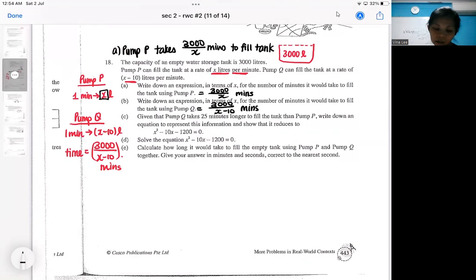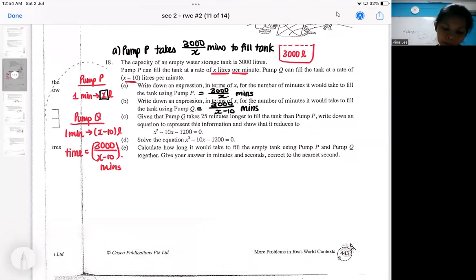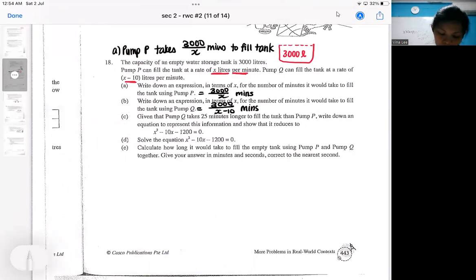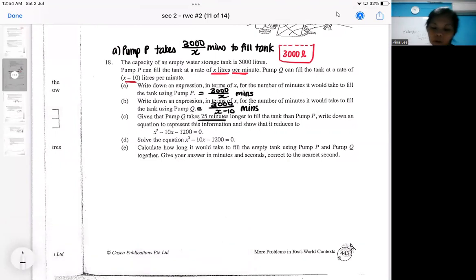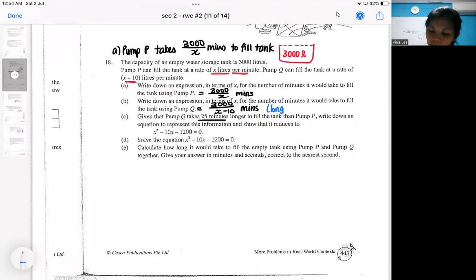After this, let's go on to the proving part. Make sure you have these two parts first and make use of the 25 minutes. How do I make use of the 25 minutes? Pump Q takes 25 minutes longer. So this is the longer quantity, and this is the shorter.